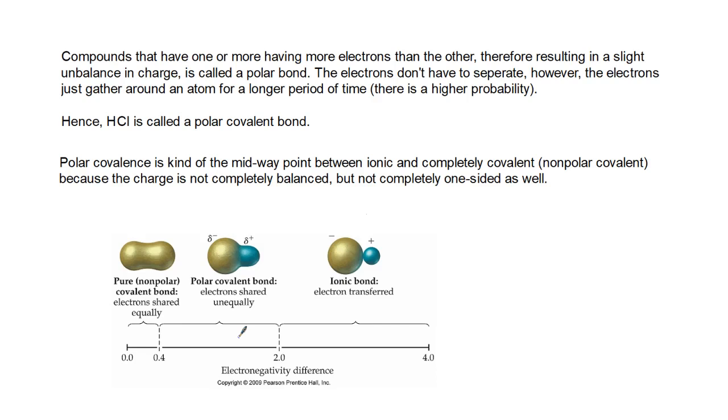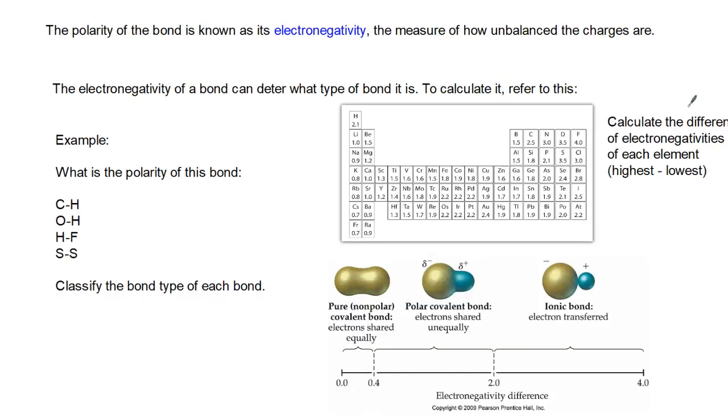So the polar covalence is like the halfway point between the nonpolar and the completely ionic, right? The completely ionic bond is where you transfer the electron, right? Ionic means electron transfer, but regular non-polar covalent means the electrons are shared equally.